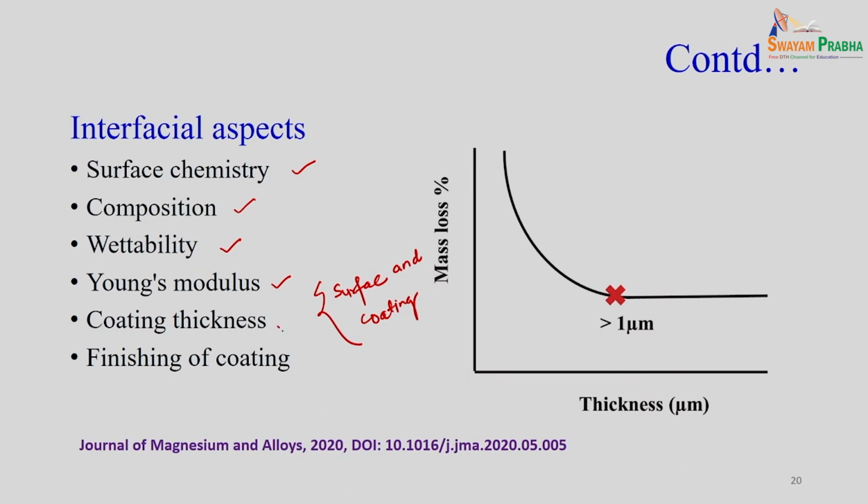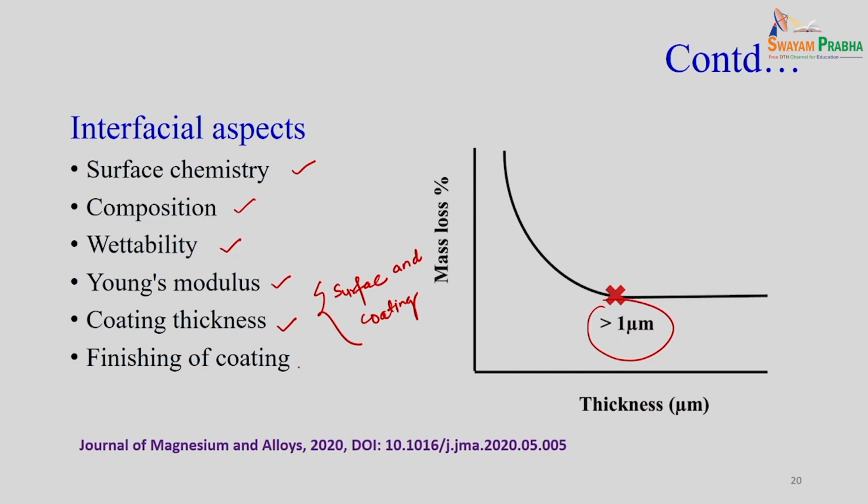Also the coating thickness, because with time it is going to degrade. So, here if you just see, with increase in the thickness, there is a decrease in the weight loss or the mass loss. So, particularly for magnesium alloy, it is reported that coating thickness should be greater than 1 micrometer to achieve the desired degradation behavior.